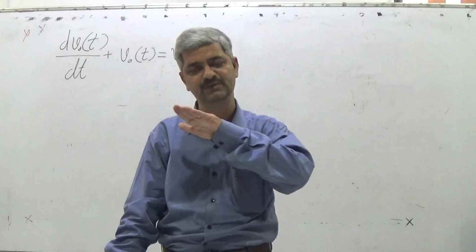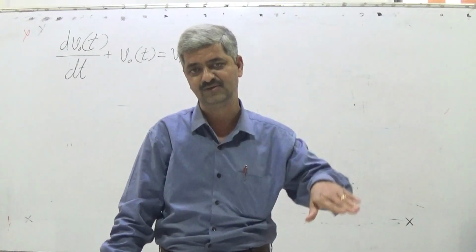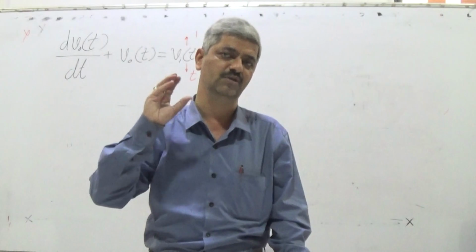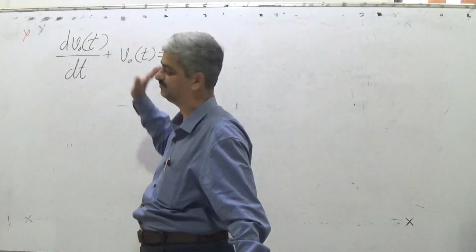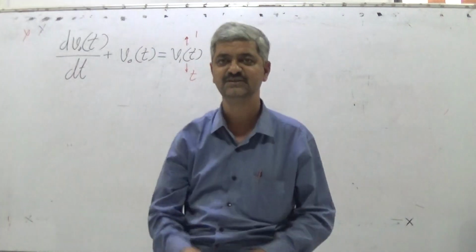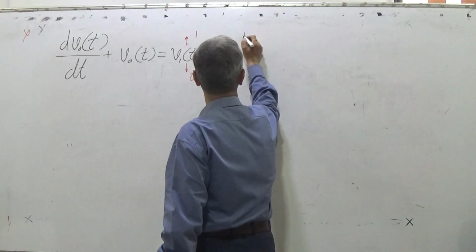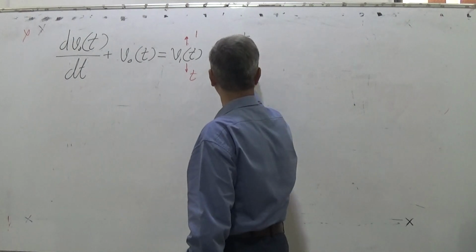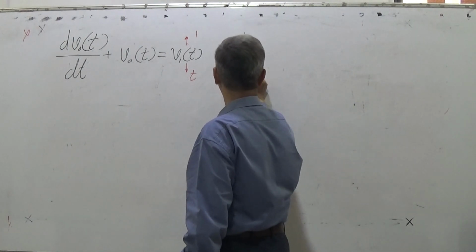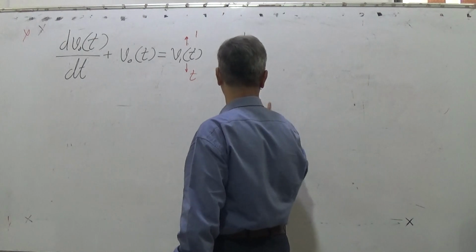Some kind of differential equation background you may have, but even if we don't have that background, we must be able to solve this problem afresh. So you can have numerical methods. You can start with time equal to 0, 0.01, 0.02, 0.03.